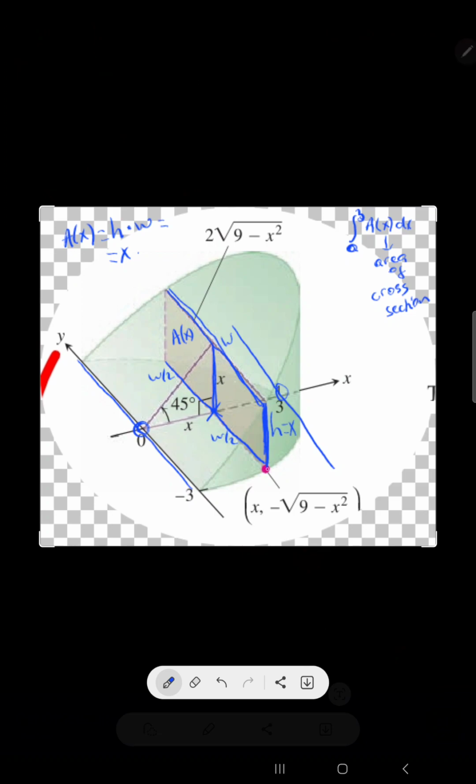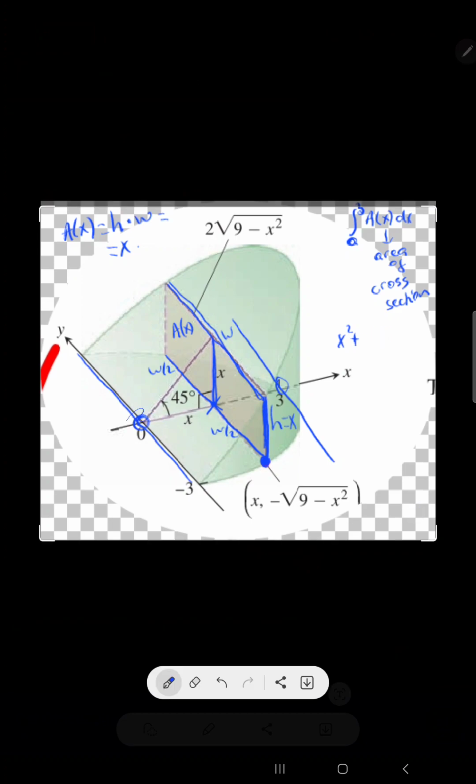We can find the coordinates of this point because it will give us the distance from the y-axis to this point, and of course we'll get half the width. But how can we find y? Of course, using the circle. We know the equation for a circle with center 0. Of course, its center is 0. You can see that. This is, by the way, our radius.